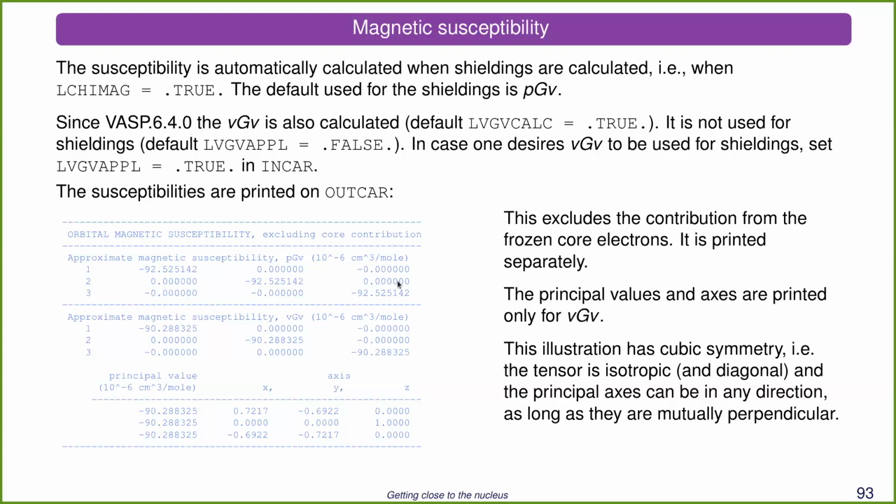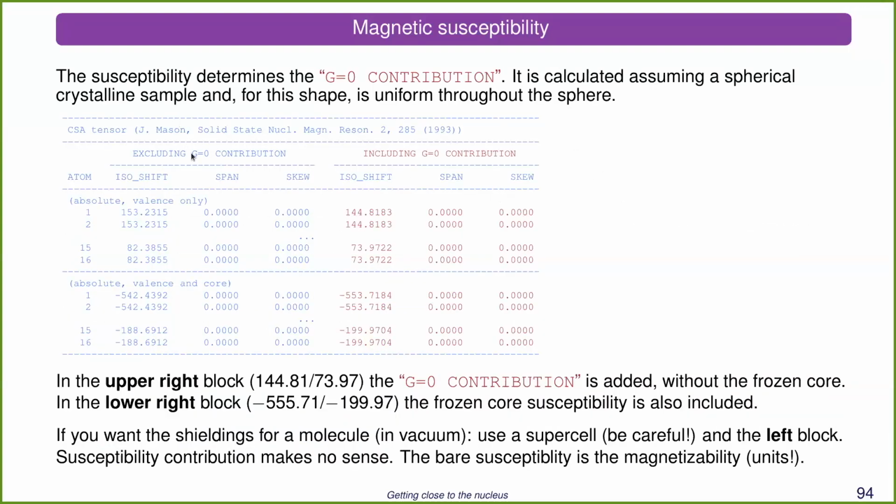This one is applied. If you want, you can apply the VGV. And then you also see where it comes in. On the left, it's not added. On the right, it is added and it is uniform throughout. So the difference between this column and this column is a constant. This difference is the same as this difference over here. And here, the point contribution is added. This difference is this difference.